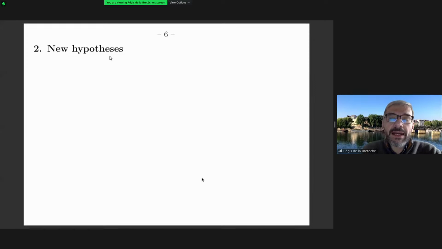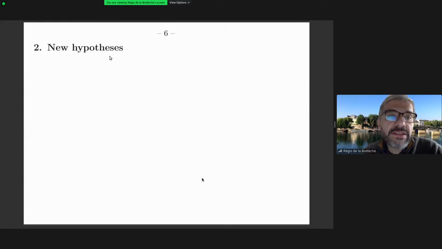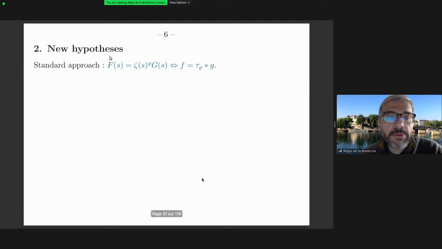Okay, so now I will speak about the same result with new hypotheses, a weaker hypothesis sometimes. So you write F of s, the Dirichlet series, which is zeta of s power rho times a Dirichlet series associated to an arithmetical function small j.